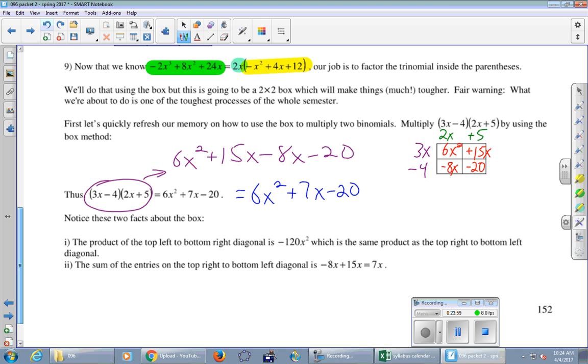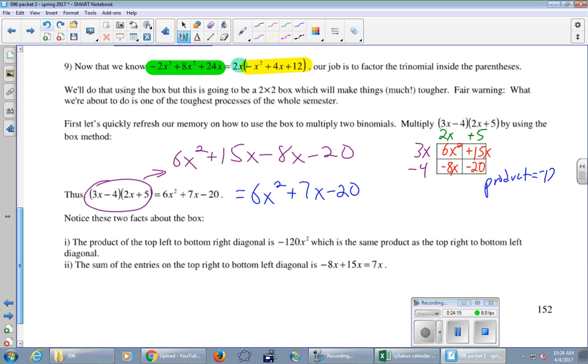Two facts about the box. Tell me what you get when you multiply this diagonal right here. 6x squared times negative 20. What is it? Negative 120x squared. Everyone agree? Negative 120x squared. Okay. So far, so good. Now what I want you to do is multiply these two guys. It's a little bit tougher if we don't know our 15s, but 15x times negative 8x.